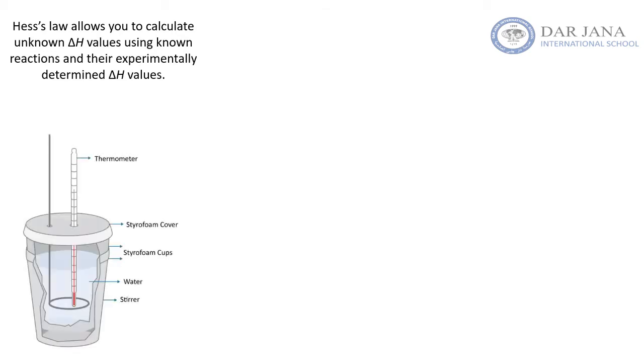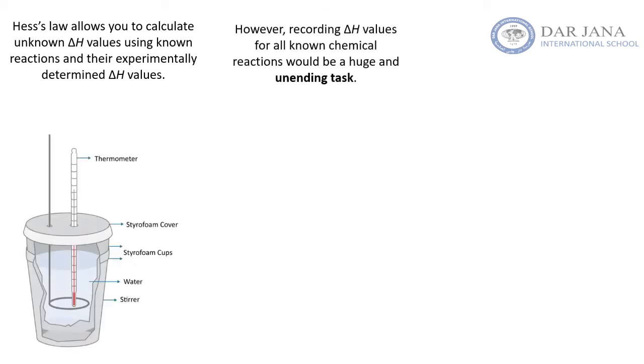So Hess's law allows you to calculate unknown delta H values using known reactions with their known or experimentally determined delta H values using the calorimeter. Now, recording delta H values experimentally for all the reactions is a huge and unending task.